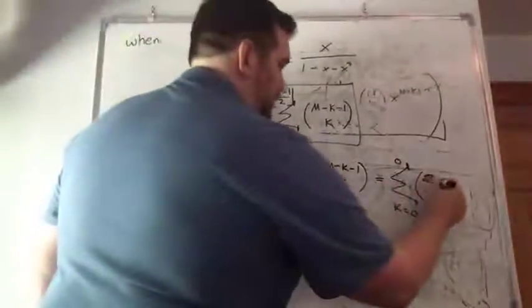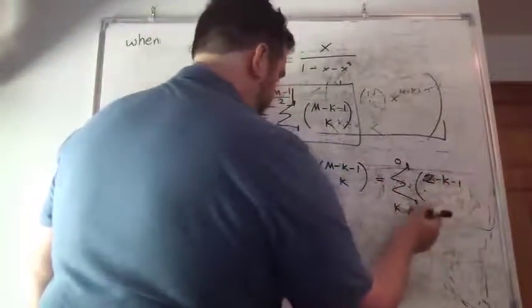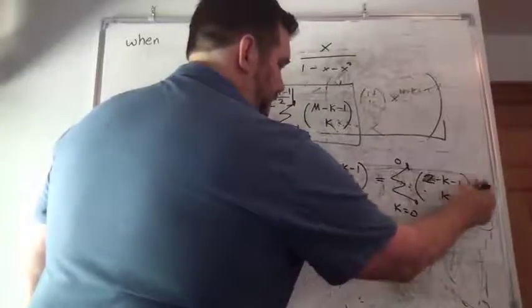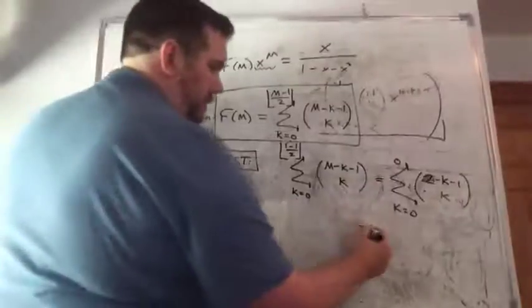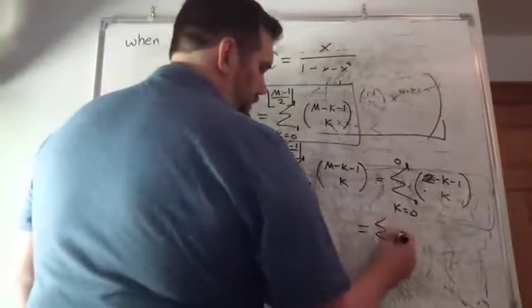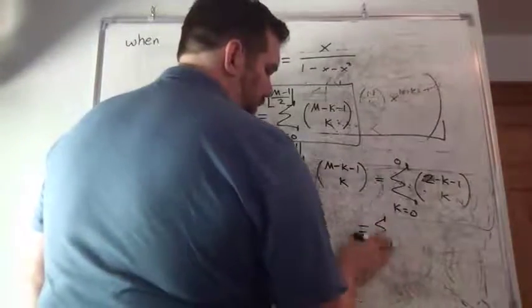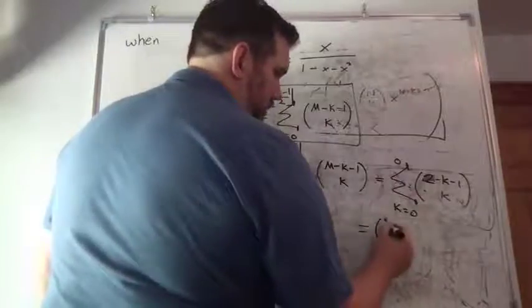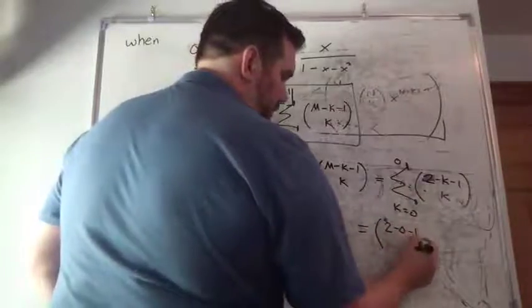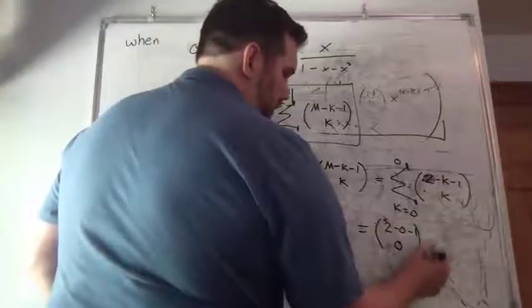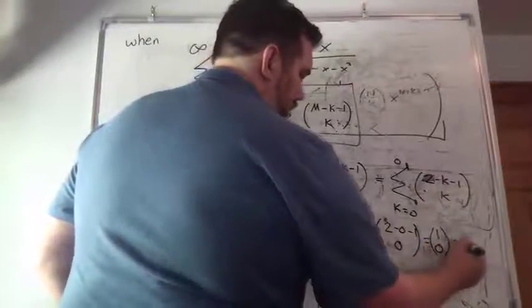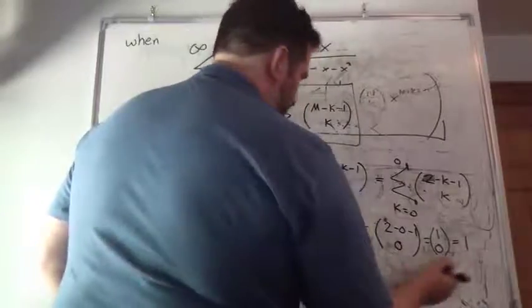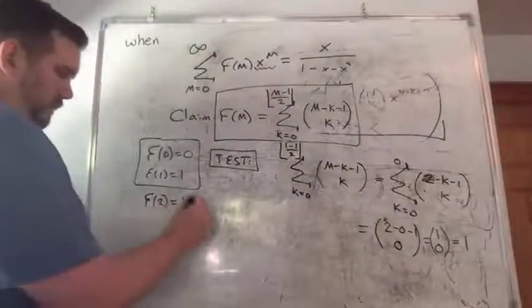So I'm looking at 2 minus k minus 1, choose k. Now when I sum from 0 to 0, there's only one term. So that's equal to 2 minus 0 minus 1, choose 0, which is equal to 1 choose 0, which is equal to 1. So that worked out.